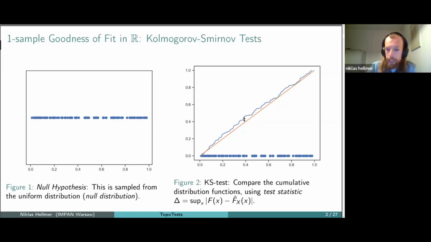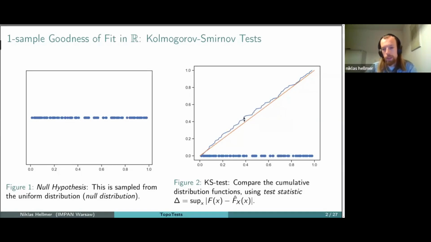And how do we compare those two cumulative distribution functions? We take the supremum distance. It turns out that this works well in a specific sense. If this supremum distance is big, you say you have evidence to reject the null hypothesis, and if it is small, you don't have evidence to reject it.